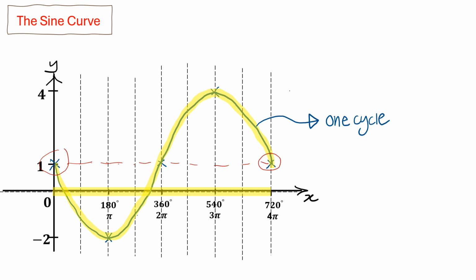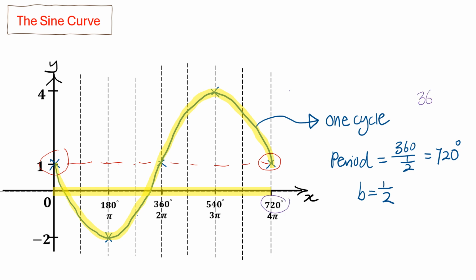So the period given to you here is 720. So if you substitute into the formula that we have learned earlier on, 360 divided by B, my B has to be half, because 360 divided by half gives you 720. So here my b is half.